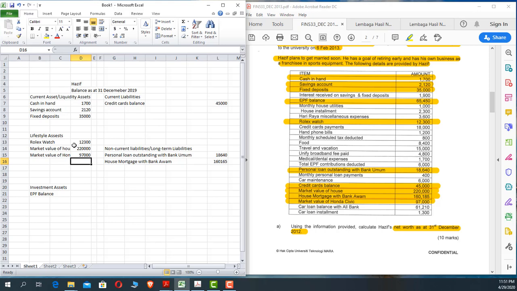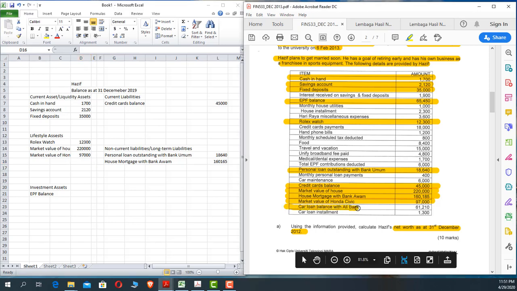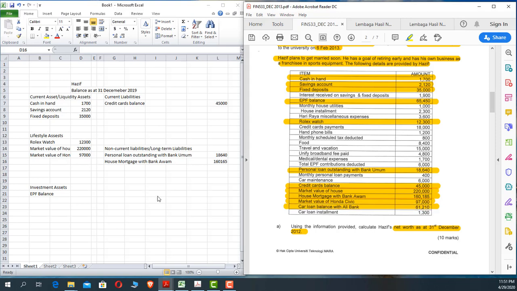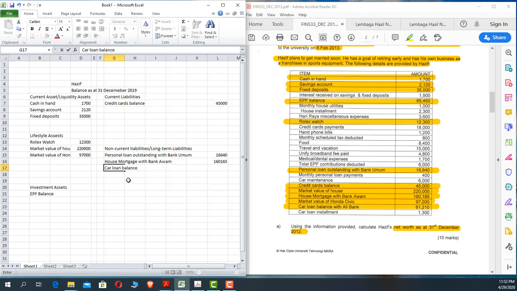Okay, the next car loan balance with all bank. Yang ni pun ialah liabilities yang balance lagi yang awak ada dengan all bank. Okay.